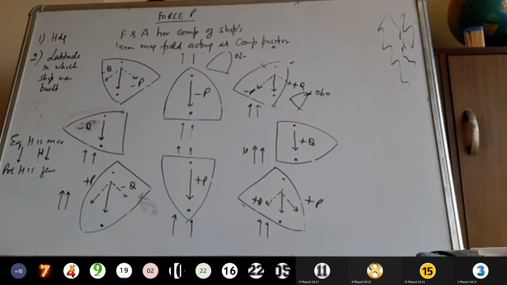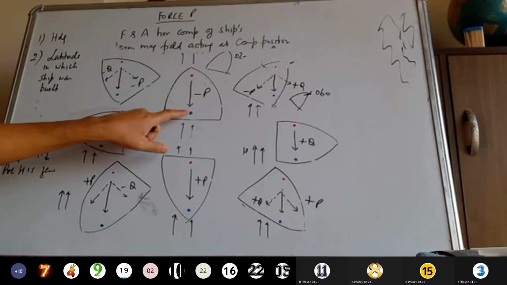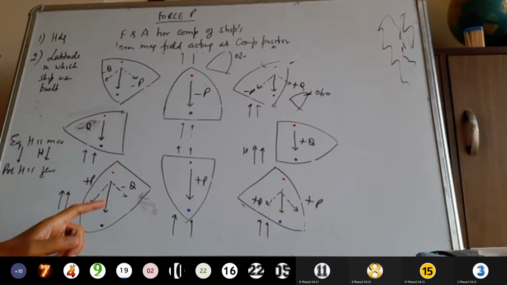Yes, sir. Because closer to the equator, the inducing force which is causing this blue and red pole is strong. So the amount of induction or the strength of this blue and red pole will also be strong. So consequently, these forces will also be strong. So that is the second thing.